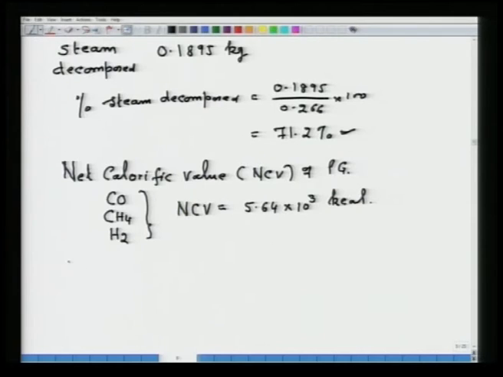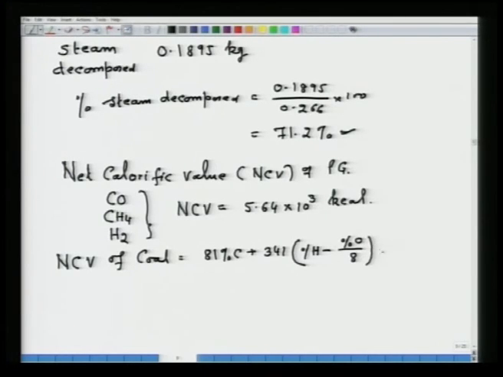Similarly, we can now calculate NCV of coal. I have given the formula, but once again I can write down NCV of coal, that will be equal to 81% carbon plus 341 percentage H minus percent O upon 8, minus 5.84 into 9% H plus M. This will be in kilocalorie per kg.